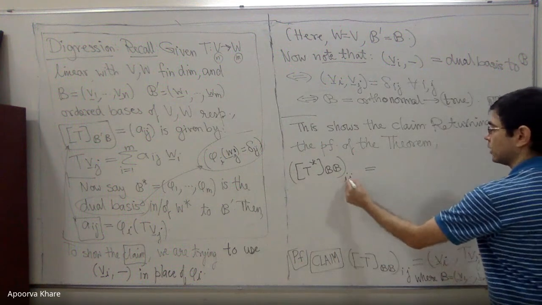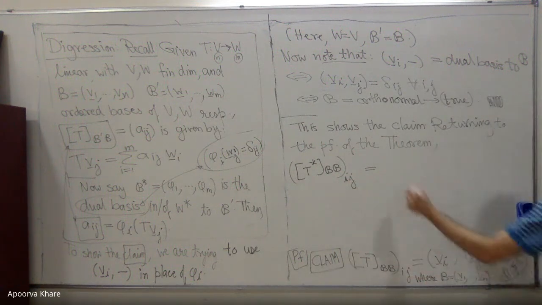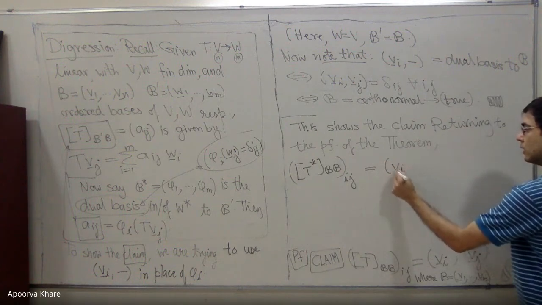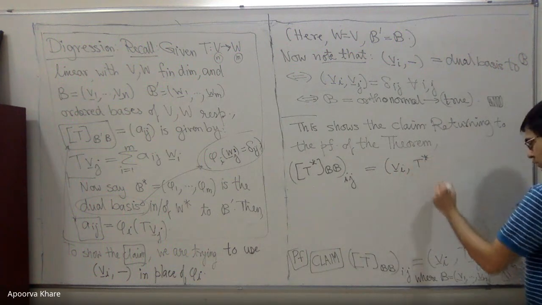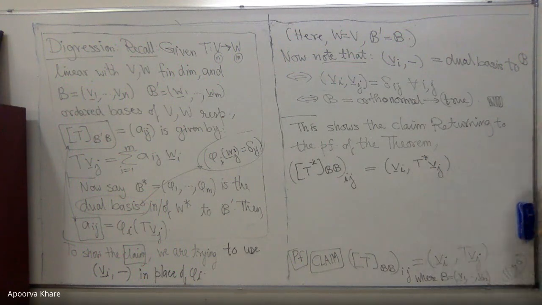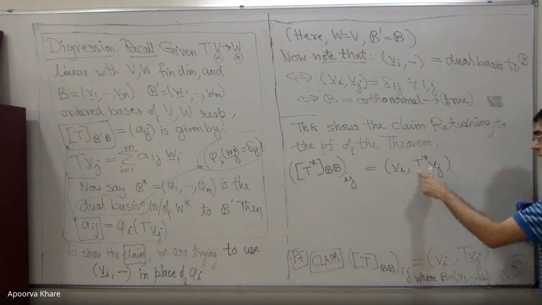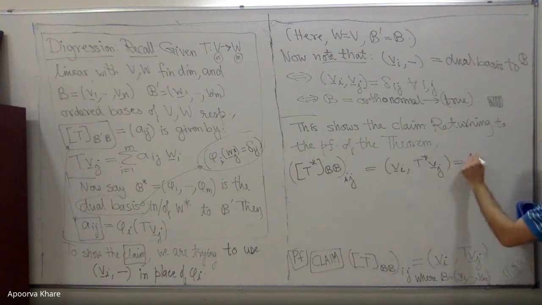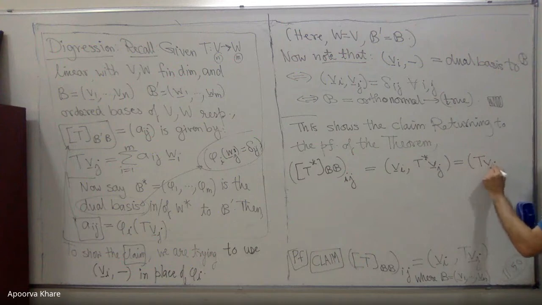Because of this formula, this is equal to ⟨vi, T star vj⟩. But now because of the definition of the adjoint of the linear map, this T can be taken here. So you get ⟨T vi, vj⟩.